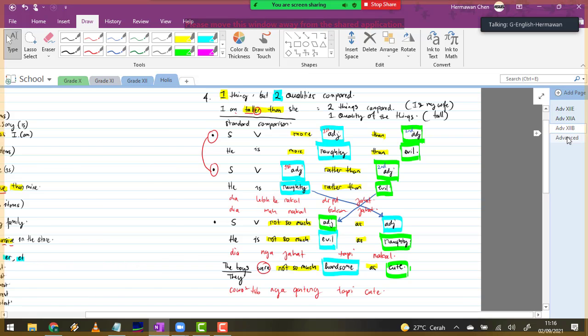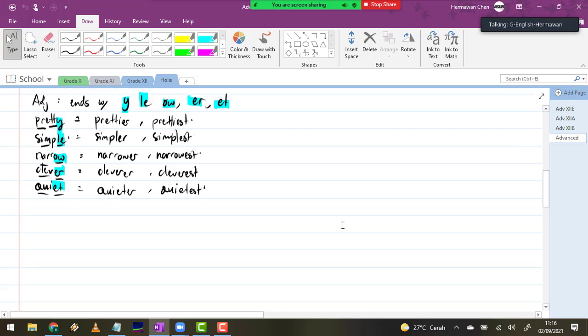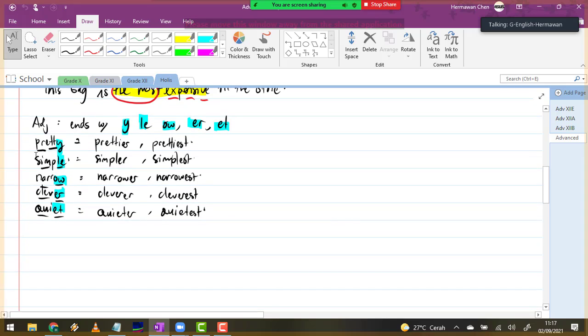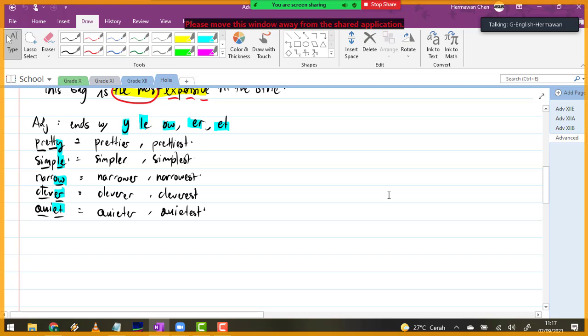Now, let's continue to this one, guys. The exception. For adjectives which end with Y, LE, OW, ER, ET, even though it has more than 1 syllable, you have to use ER and EST. Okay, look at the first example.